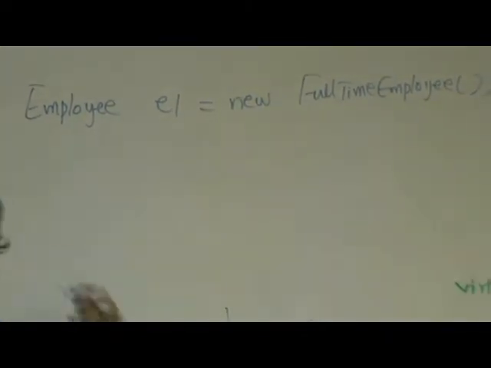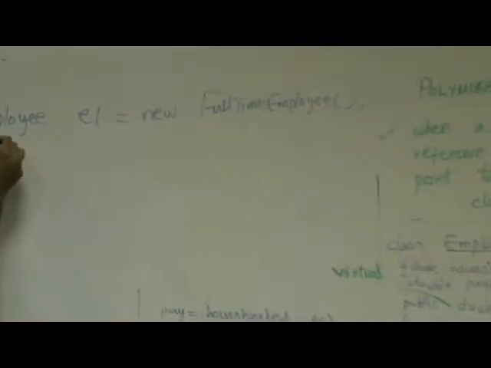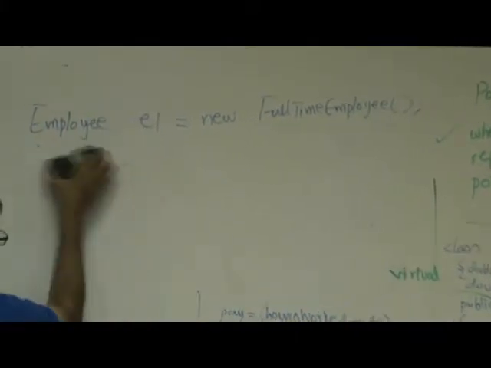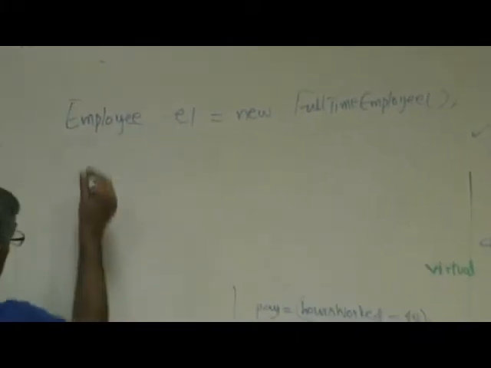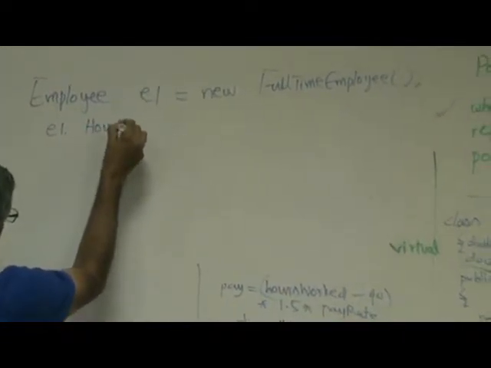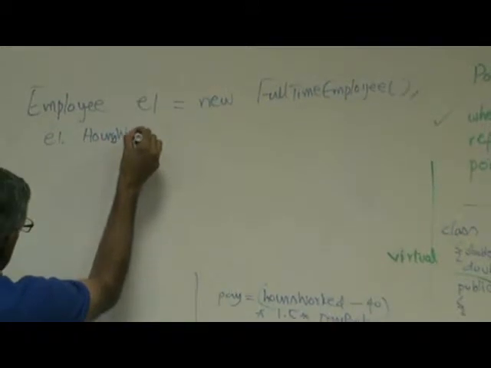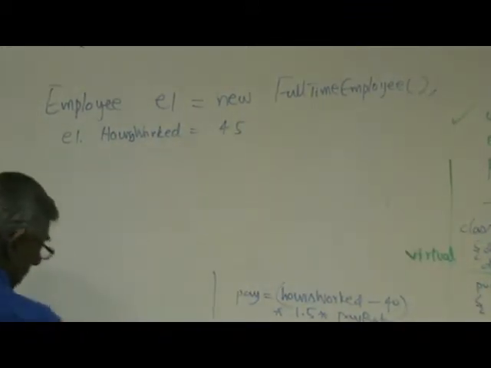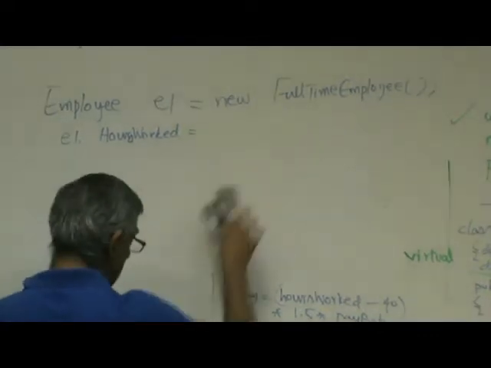Okay, and now if they said something like this, before we call the pay, let's set some hours. So if we did E1.hoursWorked, let's say 45, or let me make it 50, easier to calculate.